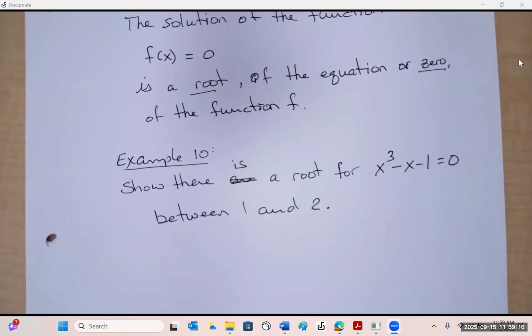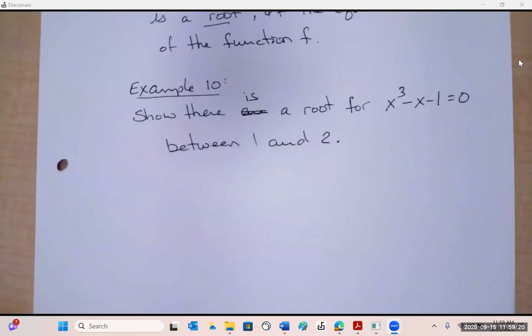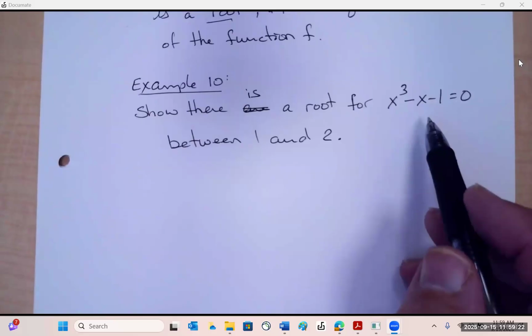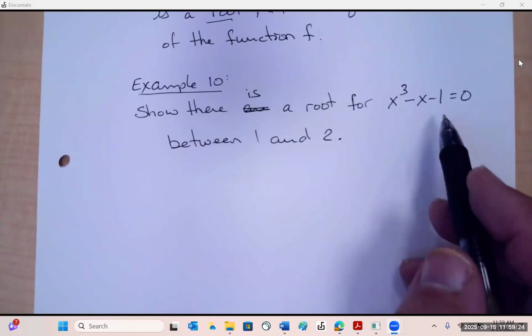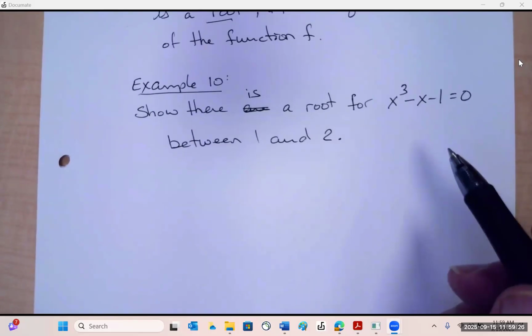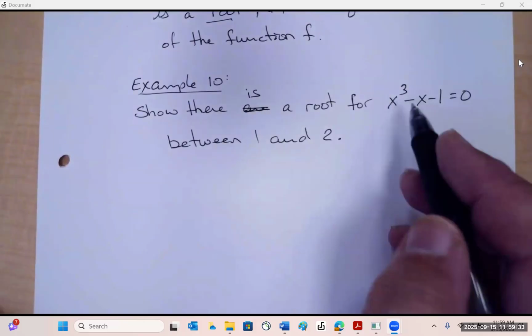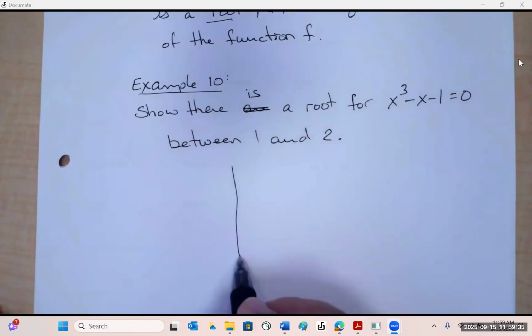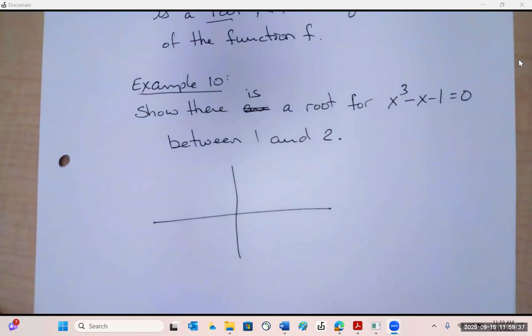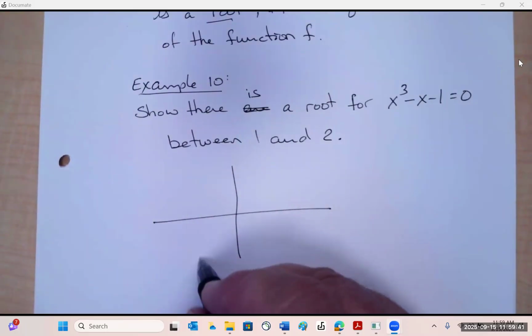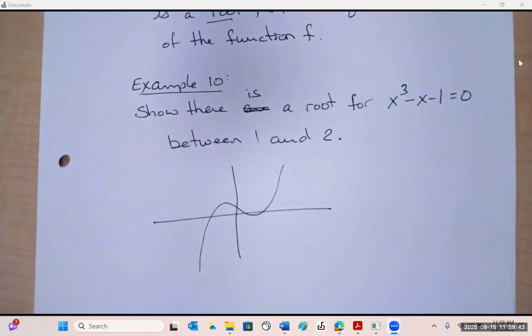Again, the first step is always understanding what the question is asking. What is this function going to look like? What's the graph of that function? What kind of function is it? It's a cubic function. What do cubic functions look like? Something like that.